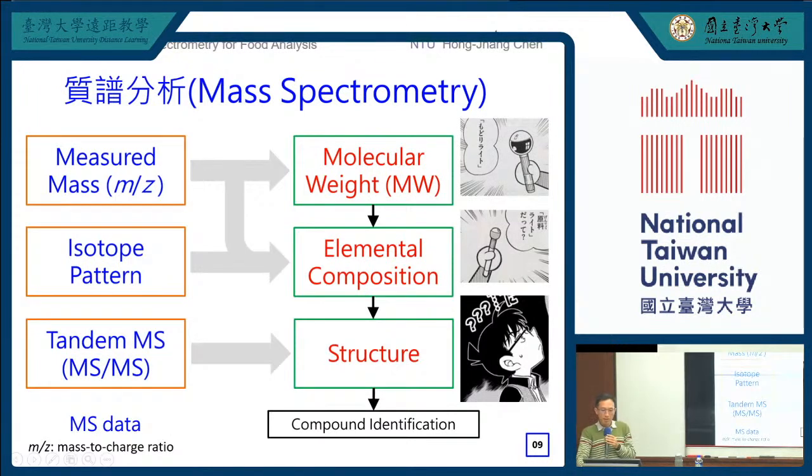After that, we have the molecular weight, the elemental composition, and the fragments of the structure, and then we may have the compound identification. So in this scenario, I'm not sure MS is a very powerful technique for everyone. But for me, or for an expert in MS, of course, it's a very, very powerful technique.